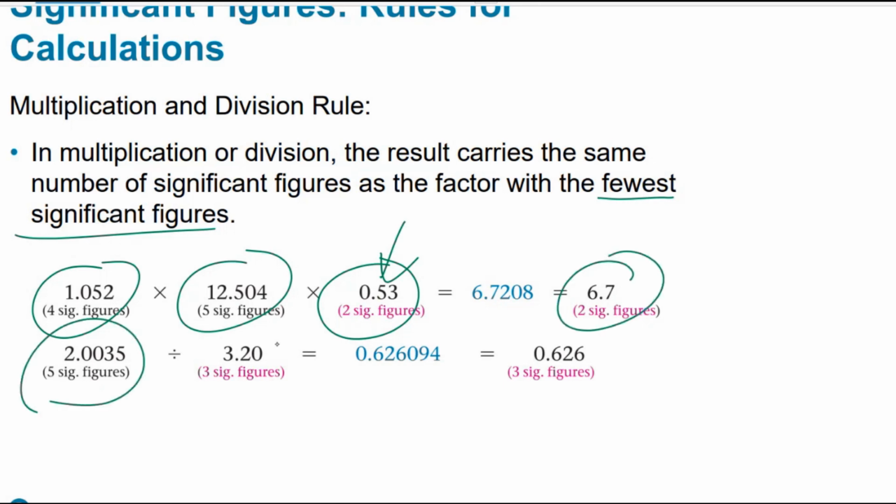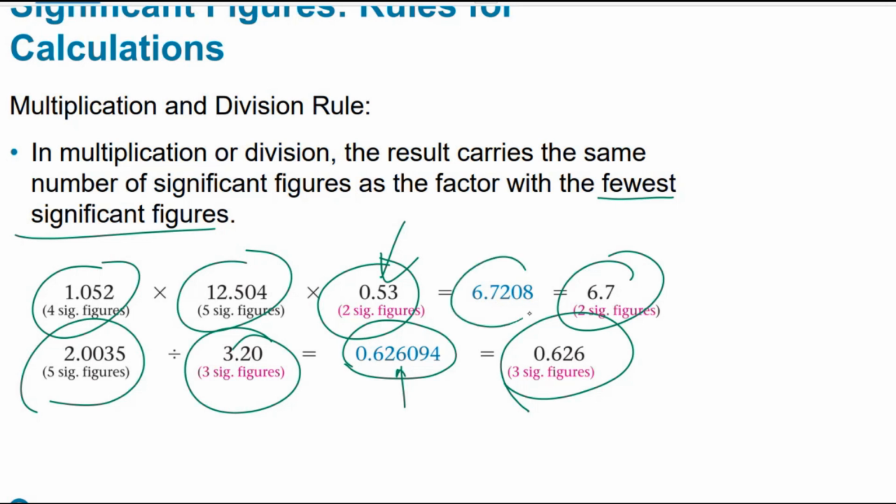Here we have 5, here we have 3, and we're dividing, so we can only have 3 significant figures in our answer. So if our calculator gives us this, we have to round to 3. Okay, so we'll talk about rounding in a minute. If the calculator gives us this, for the top number, we have to round to 2. So we can only have the significant figures that is limited by the smallest number of significant figures for multiplication and division.